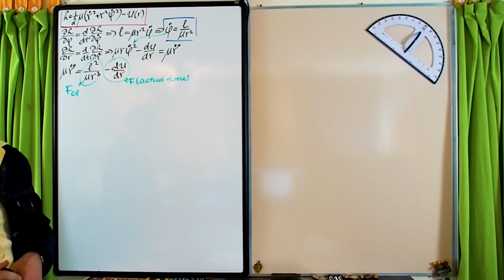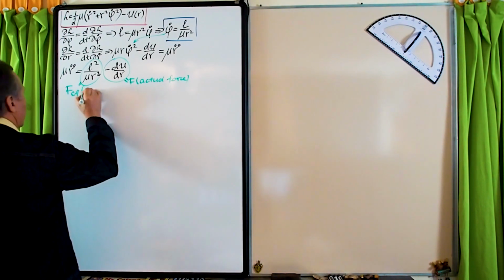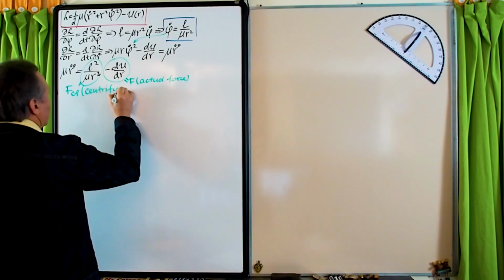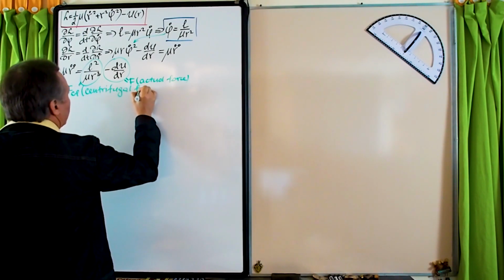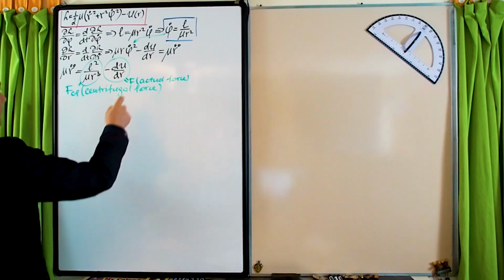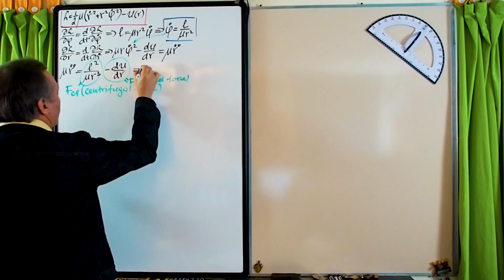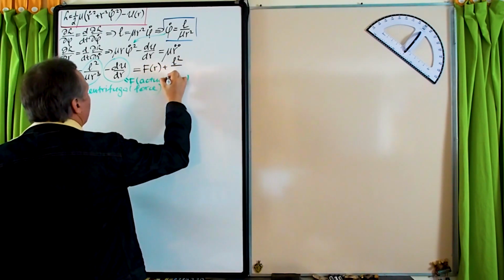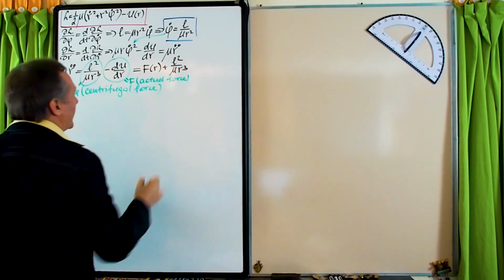So we can write it as the actual force F plus L squared over mu r to the power of 3.